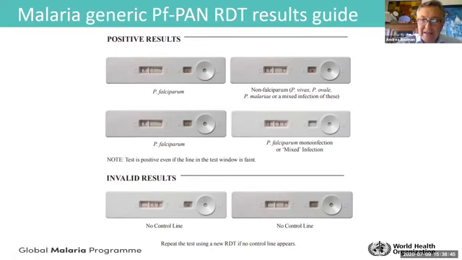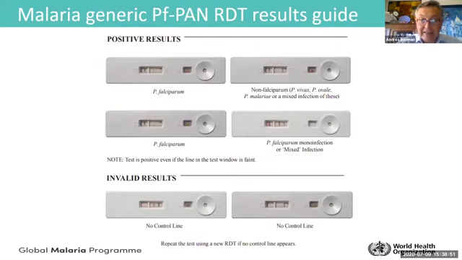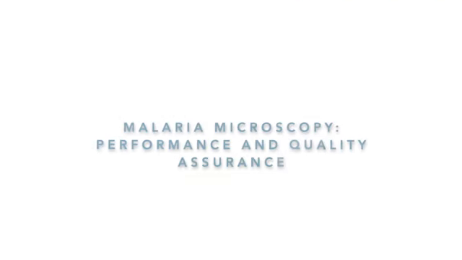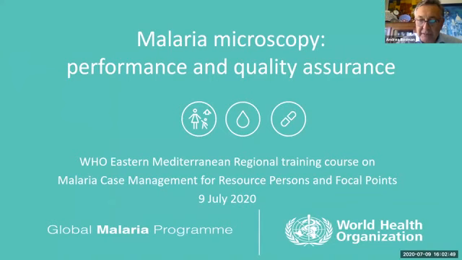I think these are the three types of results: negative, very clear; invalid; and positive. We have different possibilities. It will be a little bit quicker, but you have the presentation with you.